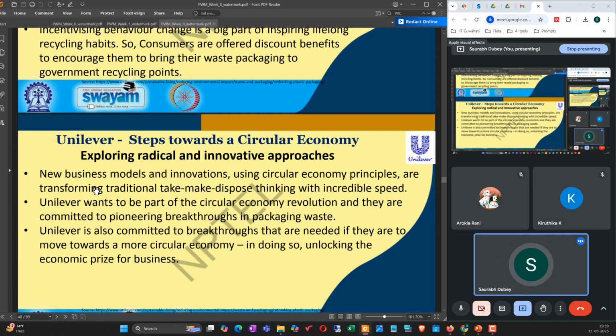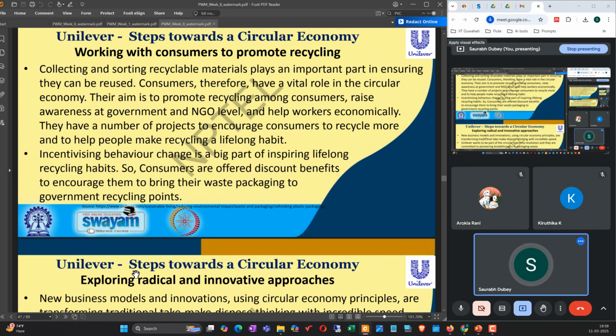They are having new business models and innovations using circular economic principles, which are transforming traditional take, make, dispose thinking with incredible speed. Unilever wants to be part of the circular economy revolution, and they are committed to pioneering breakthroughs in packaging waste. Unilever is also committed to the breakthroughs needed to move towards a circular economy, and in doing so, unlocking the economic prize for businesses, right?